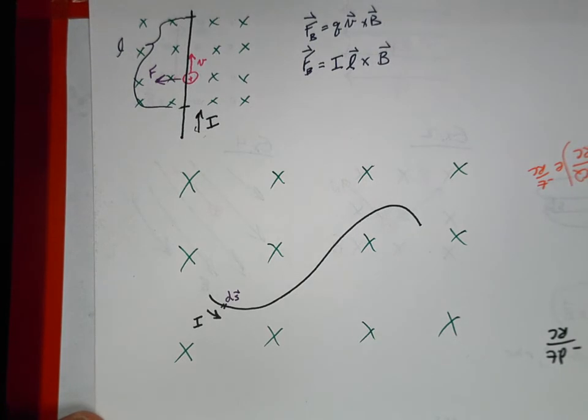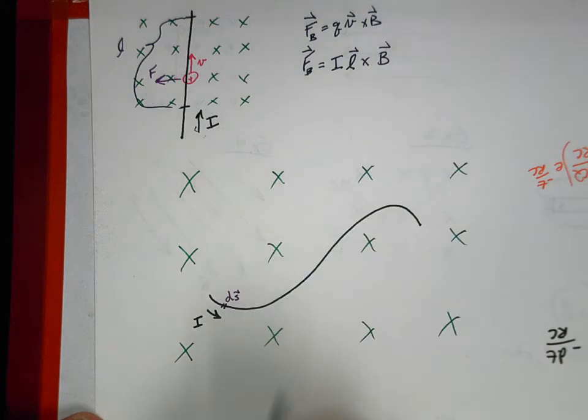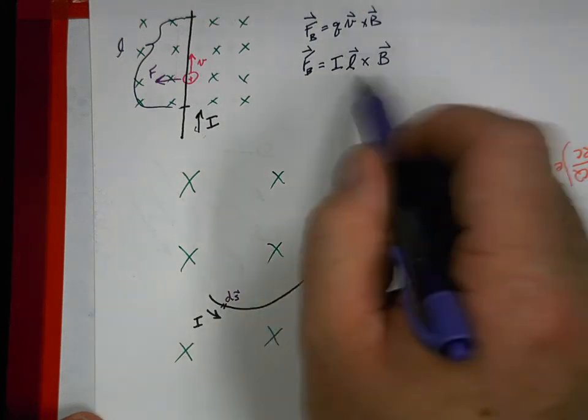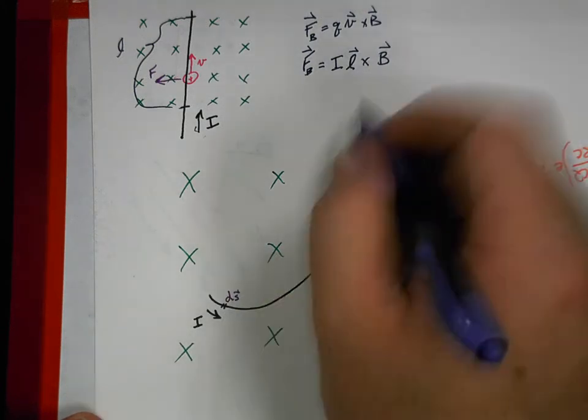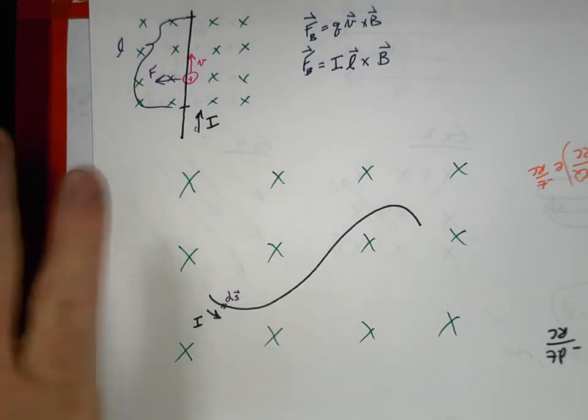As we curl along this wire, this ds, instead of being a length, now becomes an infinitesimal length, and we can sum them all up.